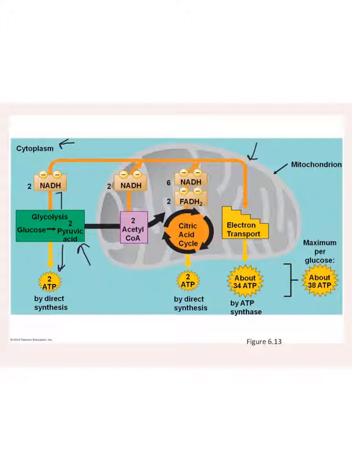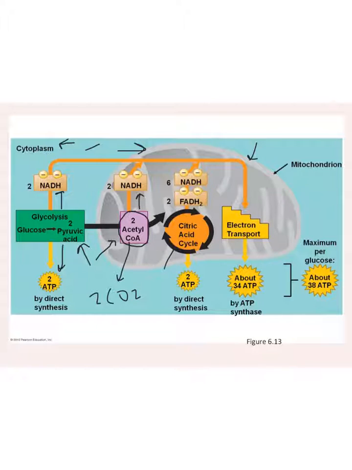We also made 2 NADHs, which go all the way over to the electron transport chain. In our second reaction, called pyruvate conversion, we made 2 acetyl-CoAs. We made 2 NADHs. Now, it doesn't say it here, but we also made 2 CO2s as a waste product.